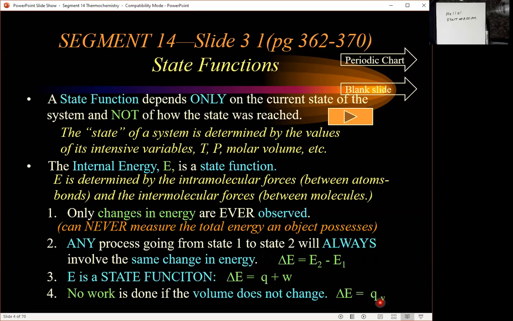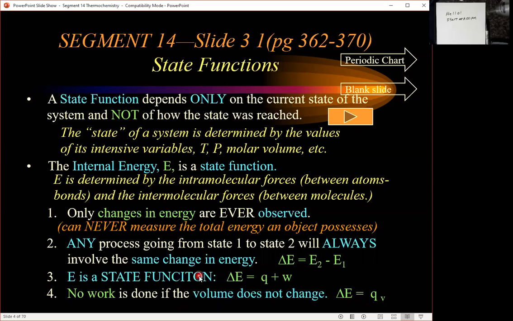Remember, Q depends on the path, the way it's done. If I measure the heat given off in a reaction at constant volume, I will not get the same value I do if I measure the same reaction carried out at constant pressure. Q would change from one to the other, but delta E does not.